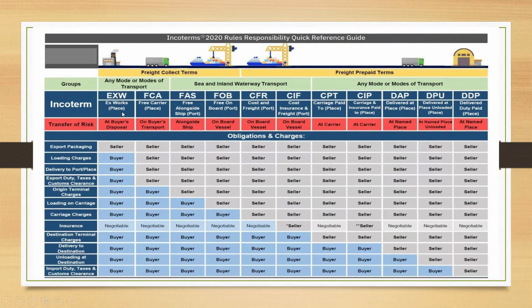These are the 11 Incoterms, in short form: EXW, FCA, FAS, FOB, CFR, CIF, CPT, CIP, DAP, DPU, DDP.